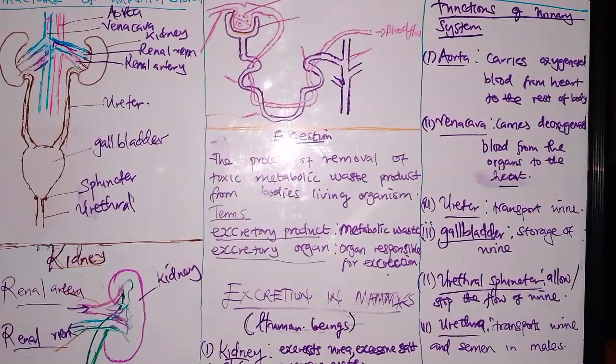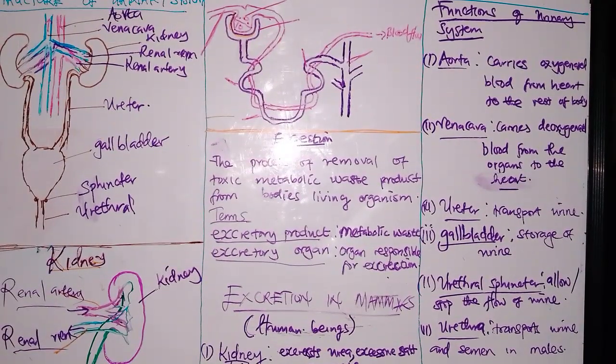So in the next video, in the next class, we are going to be looking at the functional unit of the kidney. Remember, I told you that there is a structure which allows the kidney to perform its function. So now that structure is the one which we are going to be discussing in part 2 of my video, and we are going to try and solve some questions on excretion.